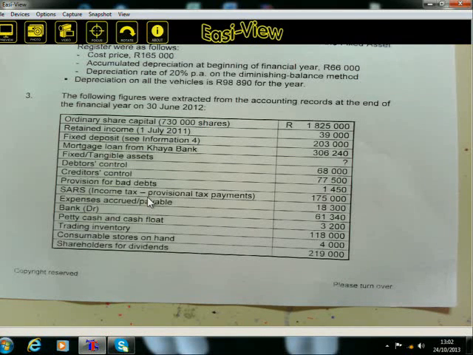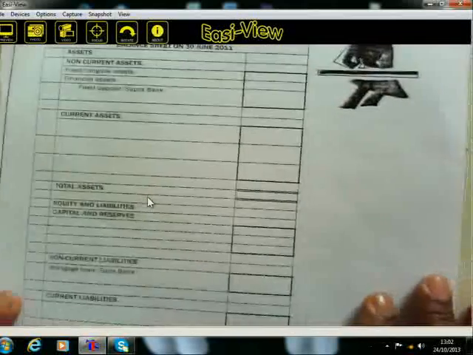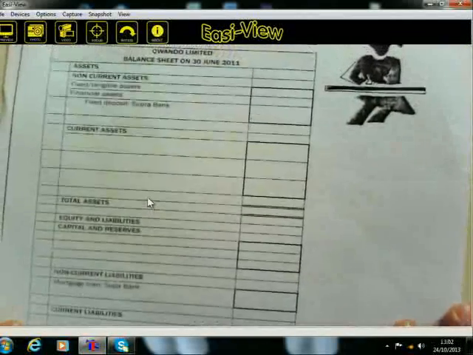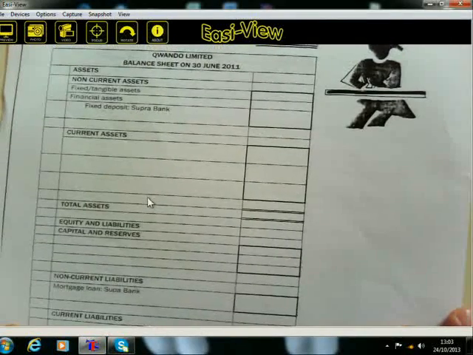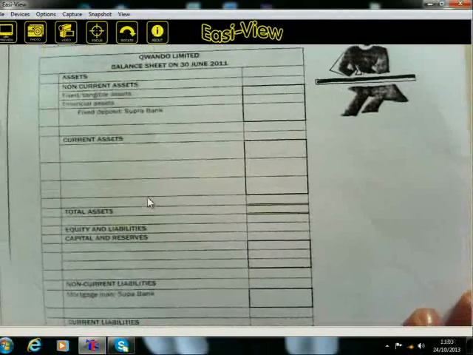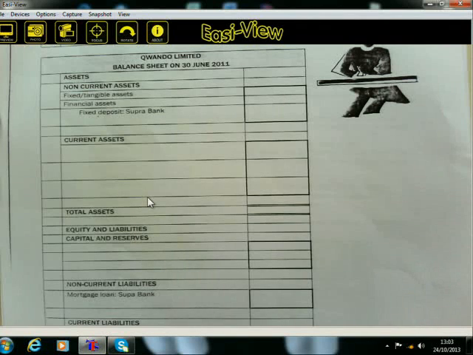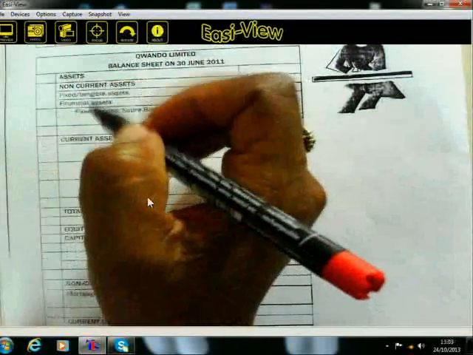Now let me just show you the format, because that's the most important thing in accounting. When you do the balance sheet, you need to master your format. The format is in this fashion: assets equals owner's equity plus liability.